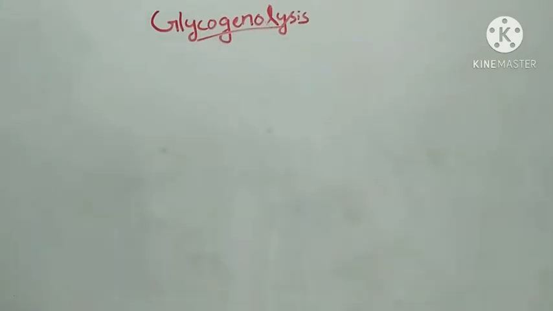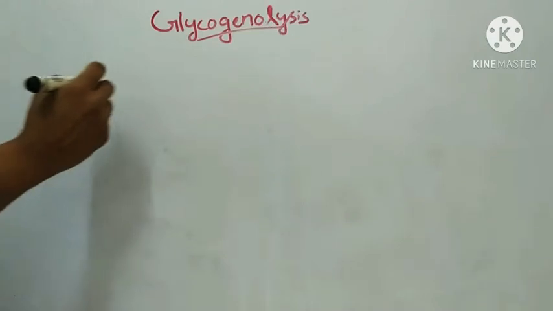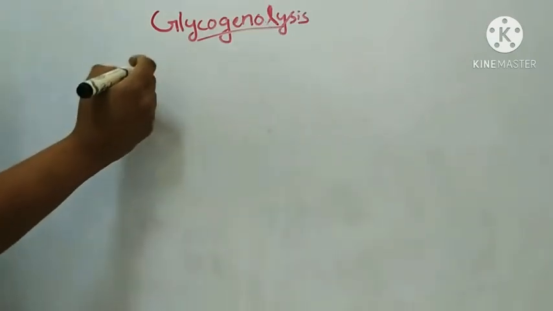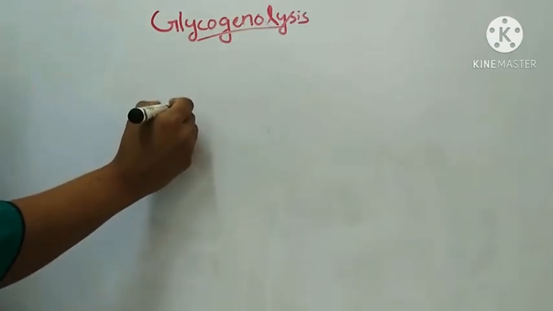First one is the phosphorylase step. This is the first step, which is the rate limiting and key enzyme in glycogenolysis. So first we need glycogen. Suppose this is glycogen.